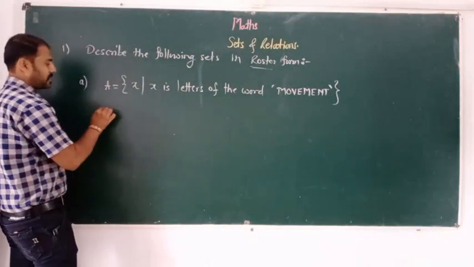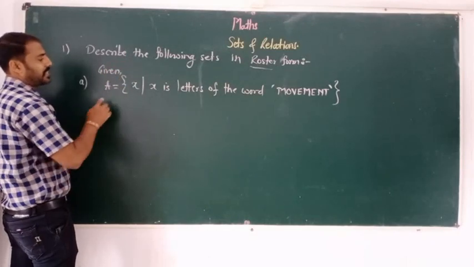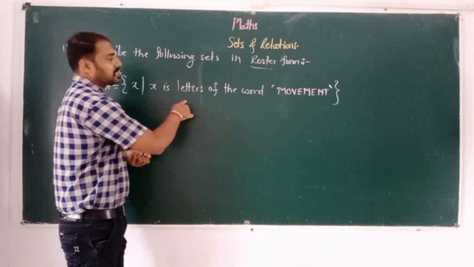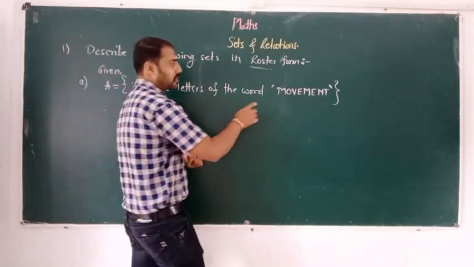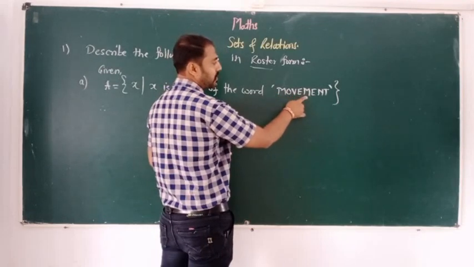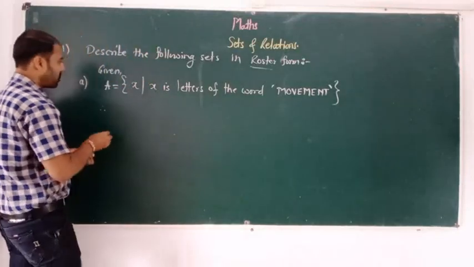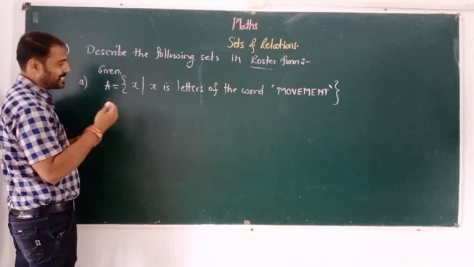So for that I can write in the solution: given A is equal to the set of all x such that x is a letter of the word MOVEMENT. In the word MOVEMENT, the letters are M, O, V, E, M, E, N and T. Now I can write this in the form of a list.